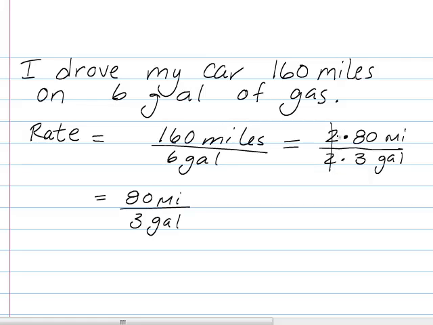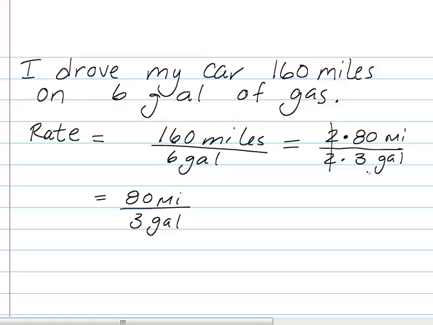So in this case, I can rewrite 160 miles as 2 multiplied by 80, and 2 times 80 is the same as 160, and we can rewrite 6 as 2 times 3, and then we can see that common factor, the 2 in the numerator and the 2 in the denominator, and they cancel or make a 1, in which case we can just cross them off. So we have left 80 miles per 3 gallons of gas.